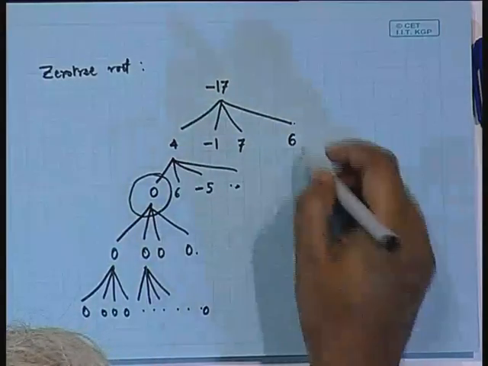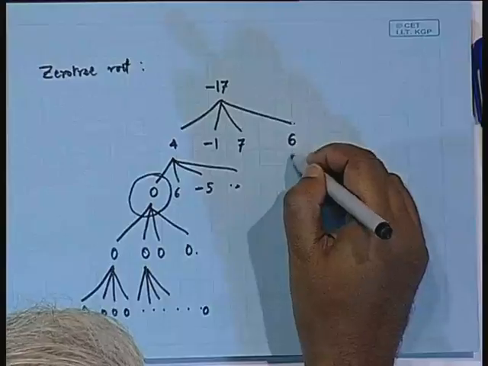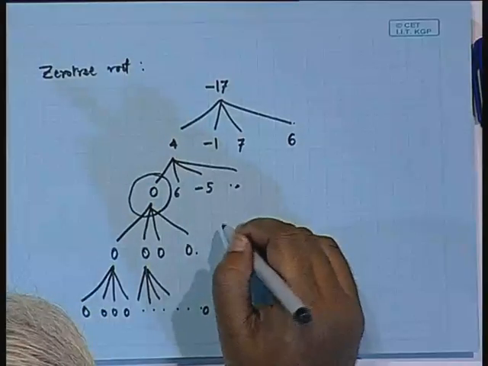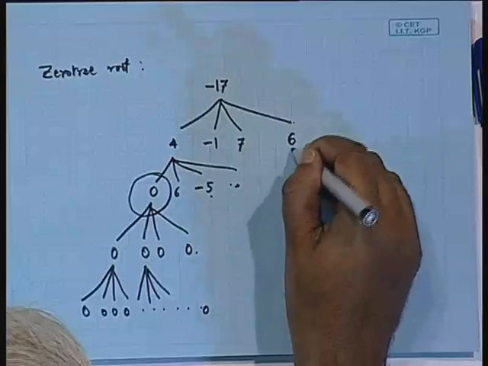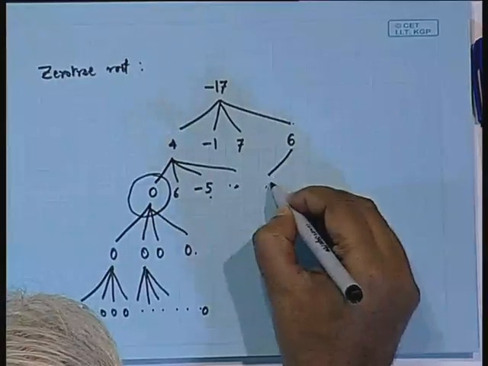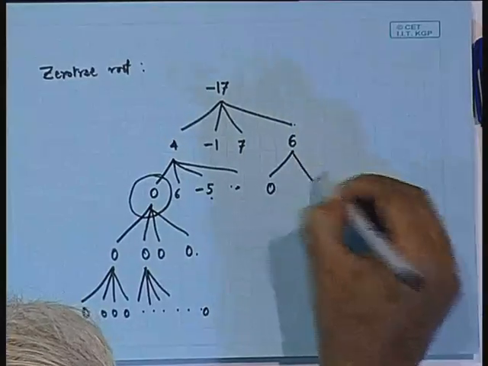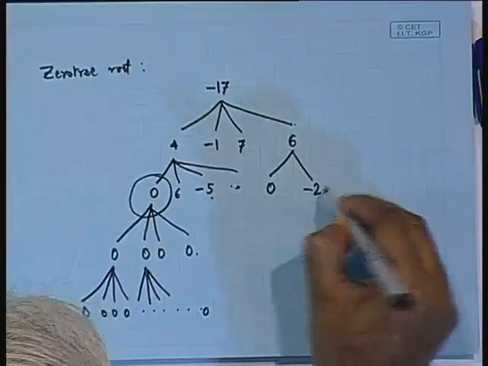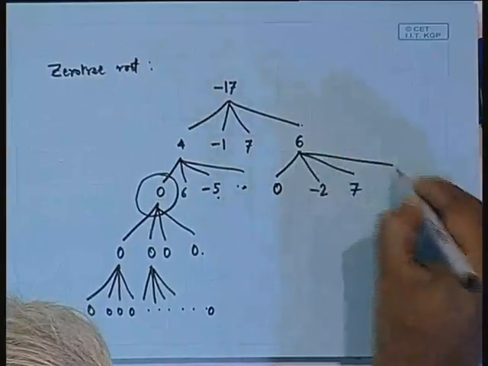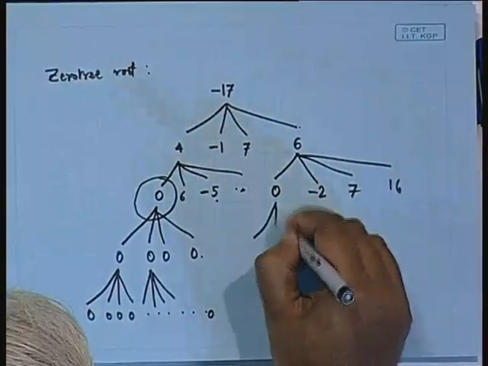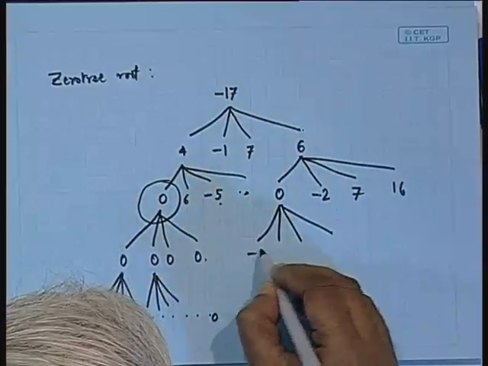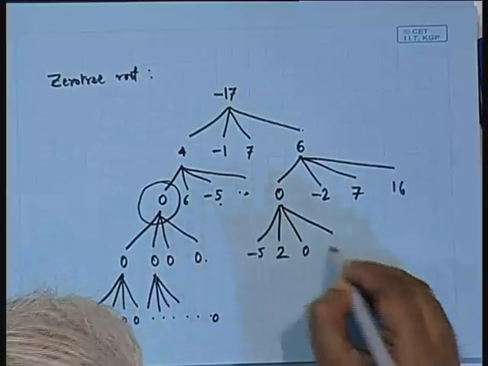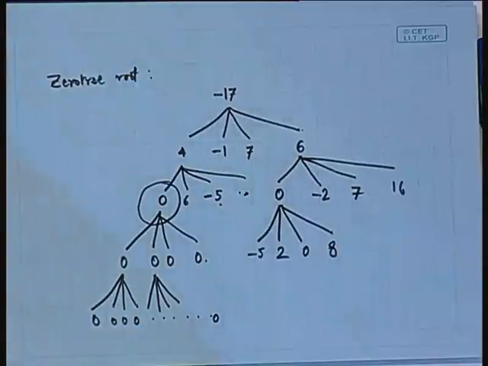Now, let us say that anywhere here, supposing I find that this value is minus 5 or this value is 6, let us say here I have a value of 0 and then I have minus 2, I have got plus 7, I have got 16, and supposing here its children are minus 5, 0, 8, like this.